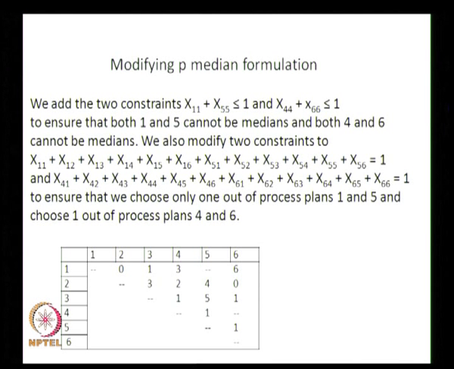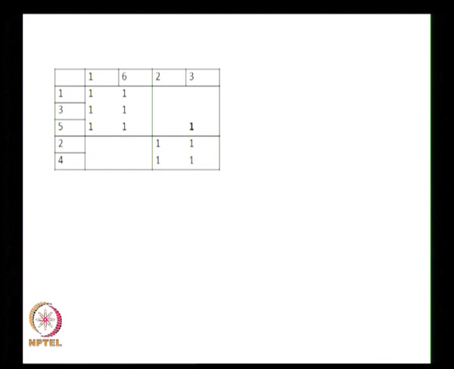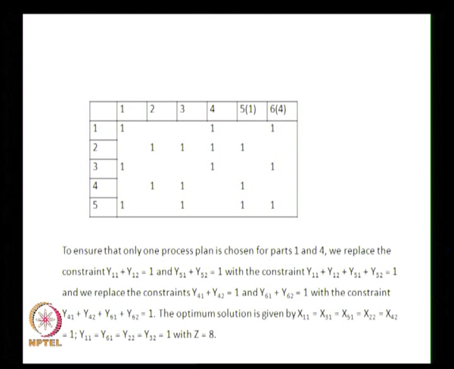So where there is a 0, we can ensure that these 2 will belong to, when the distance between 2 process plans is. If we look at this, process plan 1 visits machines 1, 3 and 5, process plan 2 visits machines 2 and 4.